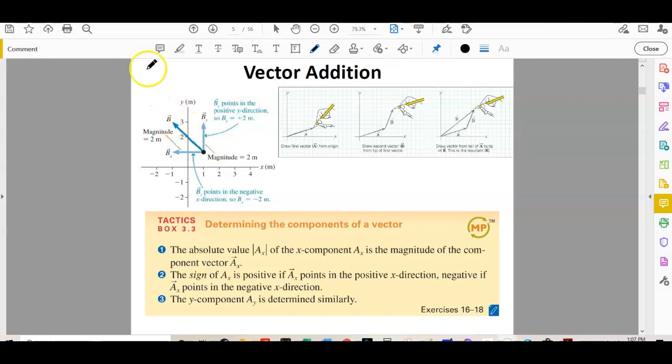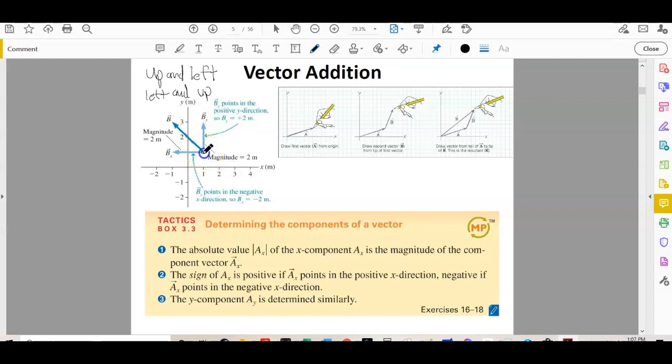Well, this vector is pointing up and left, right? Or you could say it's pointing left and up. All right. Well, do that basic description of that vector, and you've actually described the component vectors.